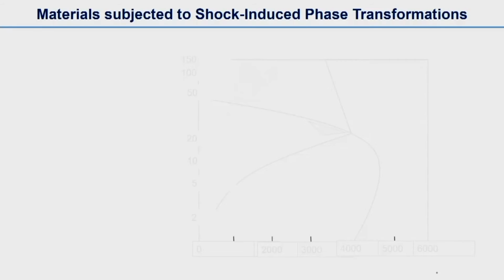Now we will discuss another example of a shock induced phase transformation, that is graphite to diamond.